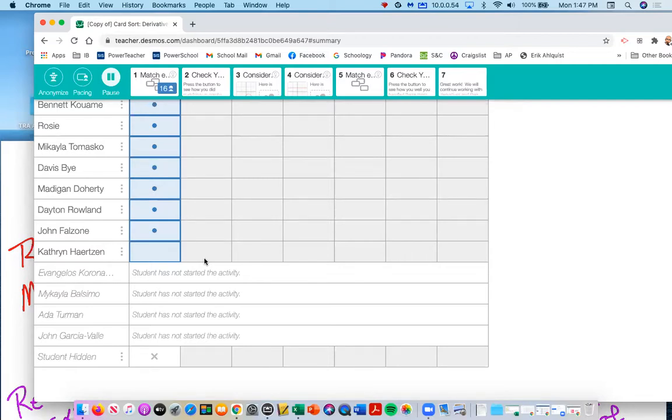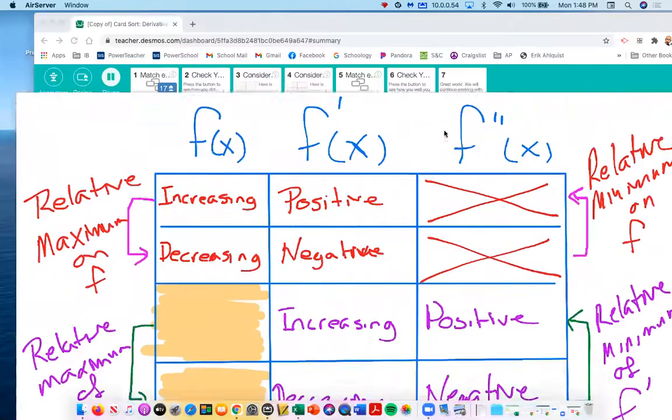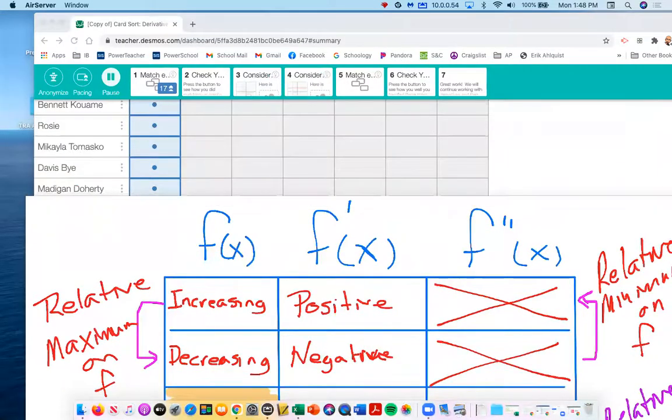So matching a function and its derivative together, and really honing in on the chart, specifically the first 2 lines, because the second 2 lines are pretty much the same thing. I think you'll be in a place where you can make some sense of it, and you'll have somebody to work with. So this is what we're doing today. I'm going to throw you in there. Ready? Any questions? Okay.